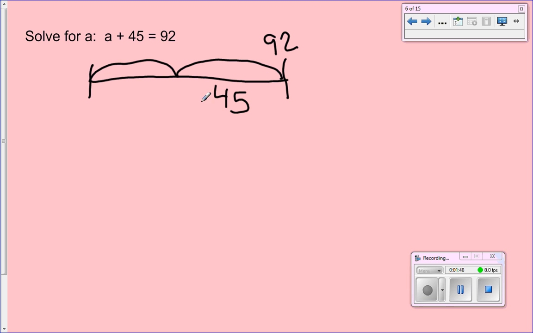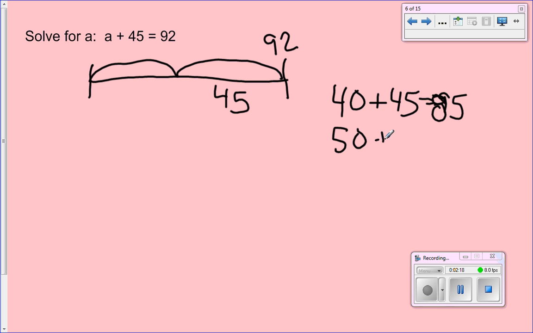So I could use guess and check to figure out what does and doesn't equal 92. Maybe I want to try to substitute in 40 for A, and then if I add that to 45, I'm going to end up with 95. I'm sorry, I get 85. Oops. I'll have to attend to precision and back up there. So I know I have to go a little higher than 40. And if I go 50 plus 45, then I get 95.